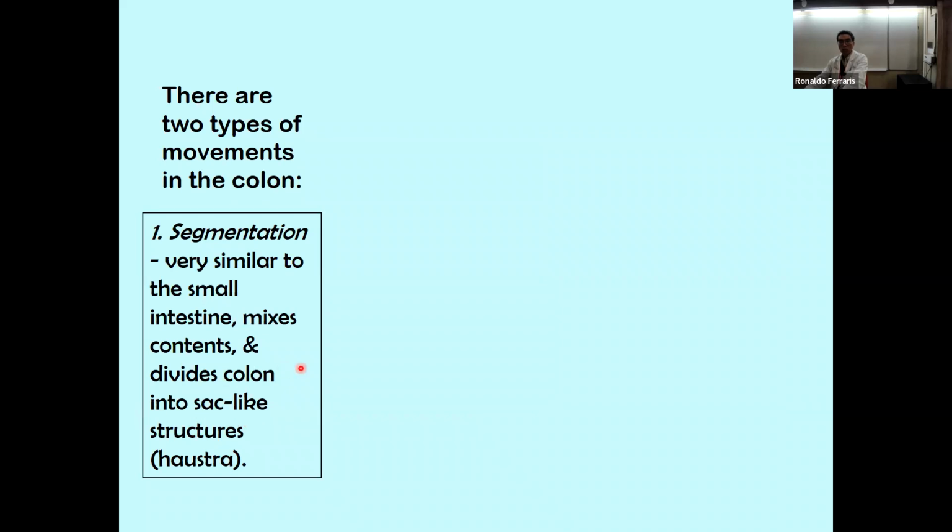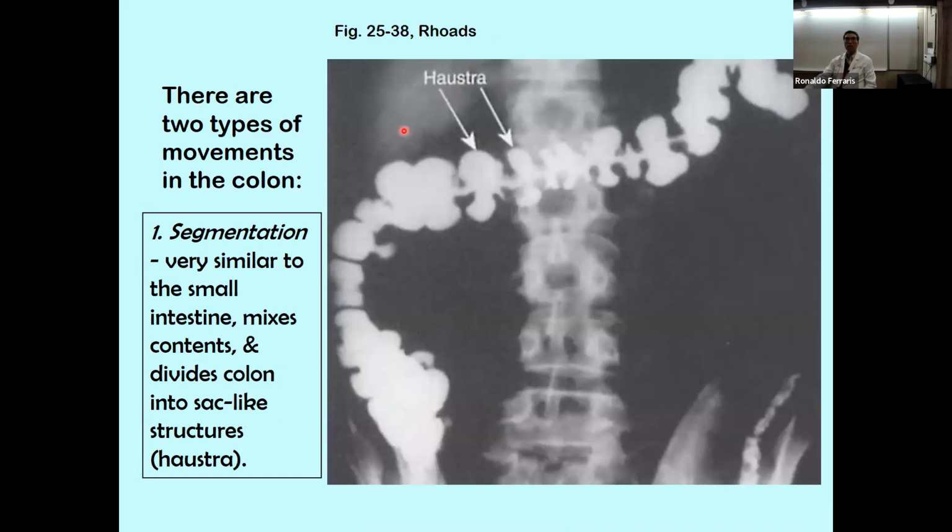So there are 2 types of movements in the colon. This one is sometimes called Book's segmentation, which is the same name as in the small intestine. Some books would call these segmentation movements in the colon haustrations, because this is like an X-ray of a patient with a barium enema, and this is how your colon contracts.